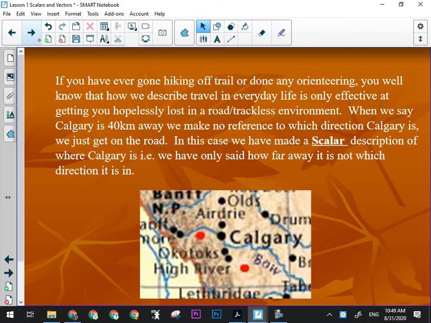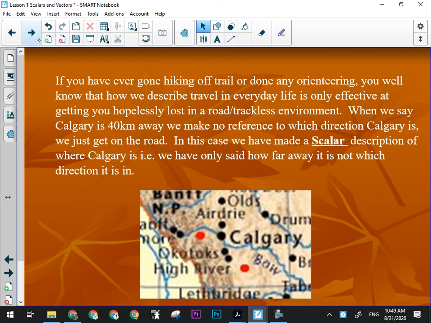It's easy for us to just get on the road and get there. But if I am completely unfamiliar with this area and you tell me Calgary's 40 kilometers from here, I might not get there. Especially if I can't read the road signs, I'm pretty cooked. I have no way to figure out where it is.